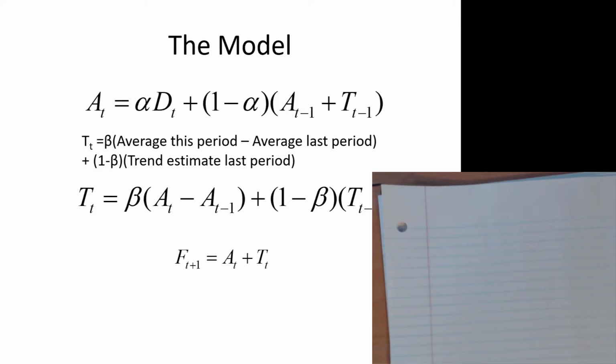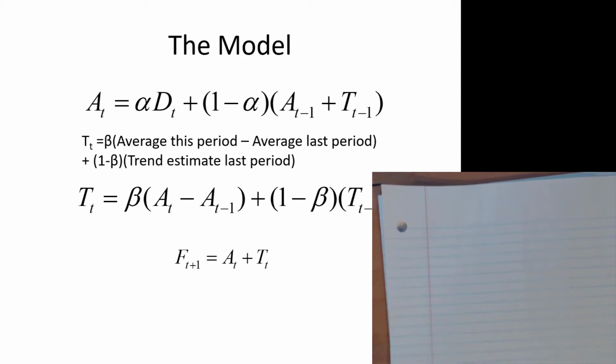And so here's our model, and I know it looks a little bit messy, but let's break it down. The A now is sort of the average, and that is like our forecast for the smoothing model. We had alpha, a smoothing constant, times the demand, and then 1 minus alpha times (A_t-1 + T_t-1): the average for the previous period plus the trend for the previous period.